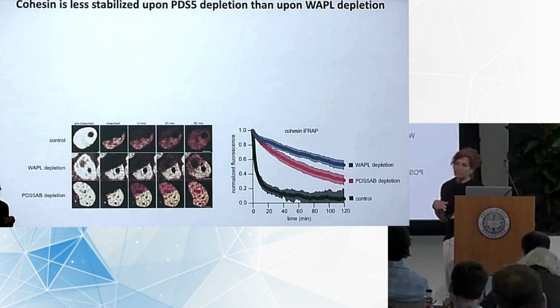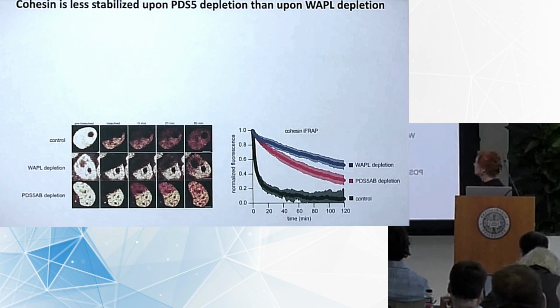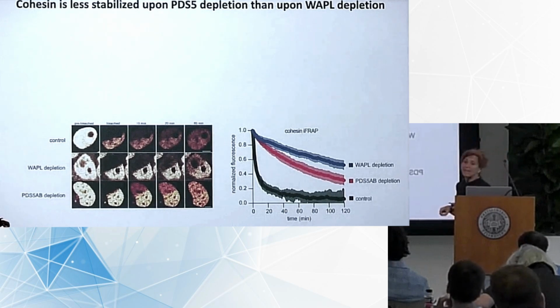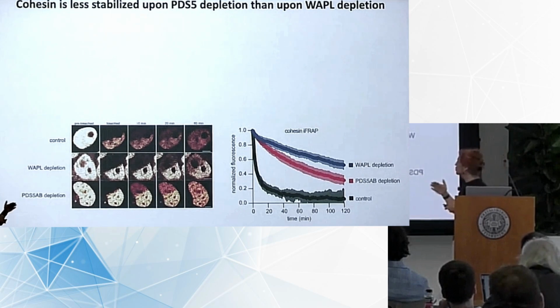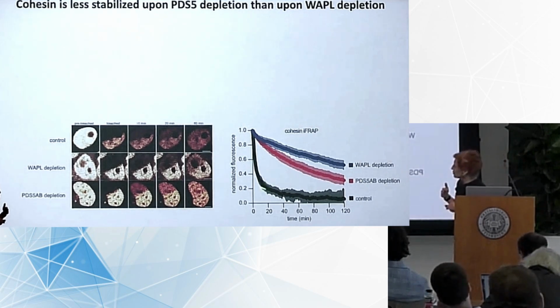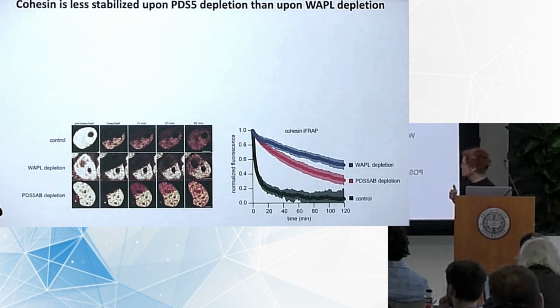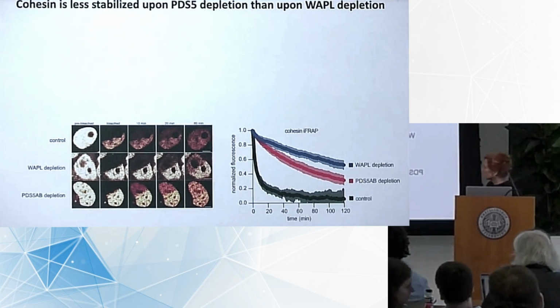For that, we have performed an experiment called fluorescence recovery after photobleaching, where we bleach half of the cell, and then we look at the difference between the unbleached and bleached region over time. We can see in the control cells that this recovery happens completely within 40 minutes.